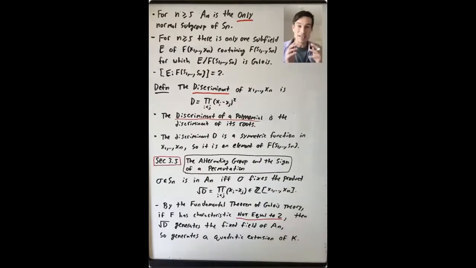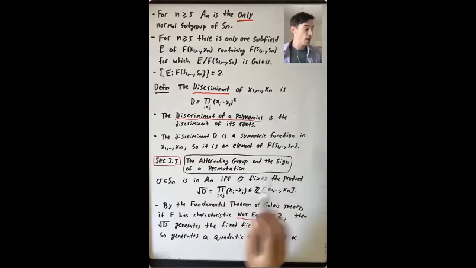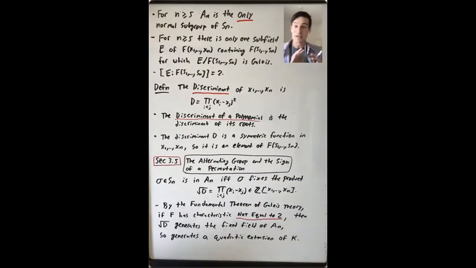But in order to see why, let's go all the way back to section 3.5 in Dummit and Foote, when we first talked about the alternating group and the sign of a permutation. I actually didn't talk about the sign of a permutation in the same way as the textbook here at the beginning, but I did come back and talk about how it's presented in this section.